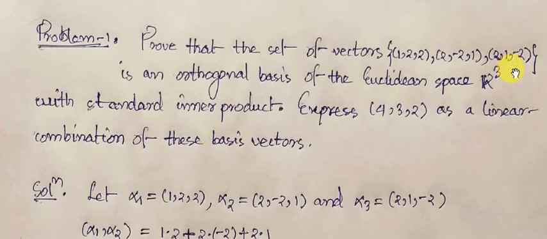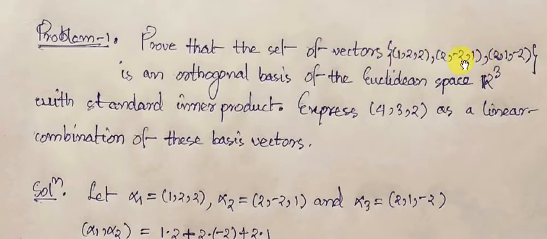R3 is a vector space having dimension 3, and this set has 3 vectors. So if we can show that this collection of vectors is indeed an orthogonal collection, then obviously these vectors will be linearly independent.